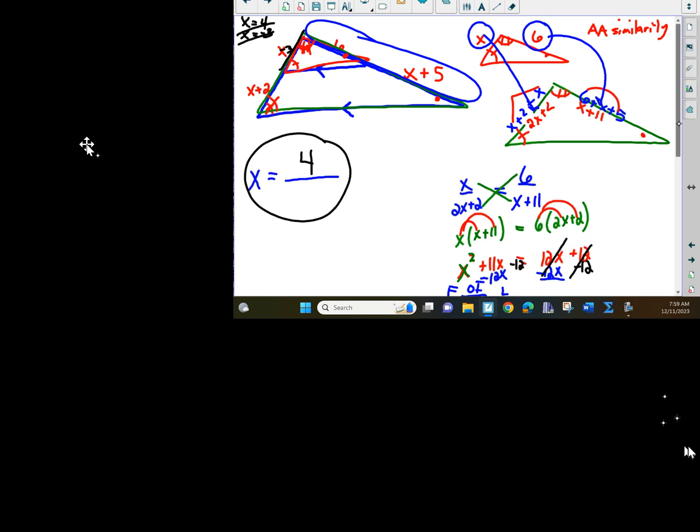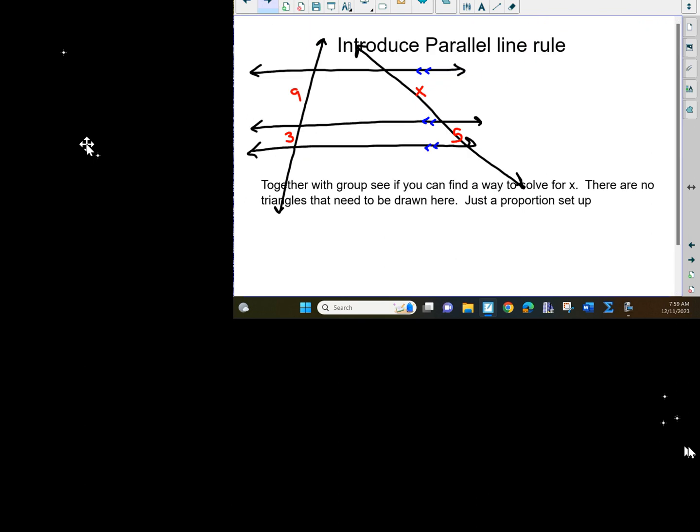All right, now that was one of the big long ones that we did on Friday. And then I quickly introduced the parallel line rule. Now this parallel line rule had nothing to do with triangles. What it does is if you have 3 sets of parallel lines, all you have to do to solve it is put in the right order the top number over the bottom number, and then set that equal to the top number over the bottom number.